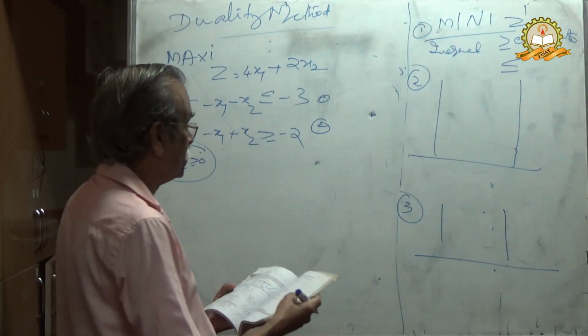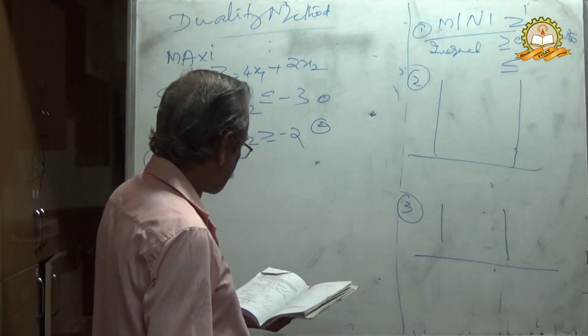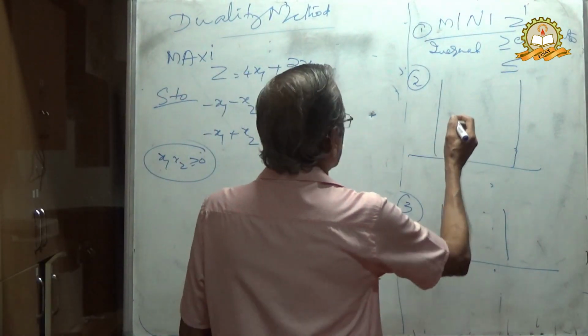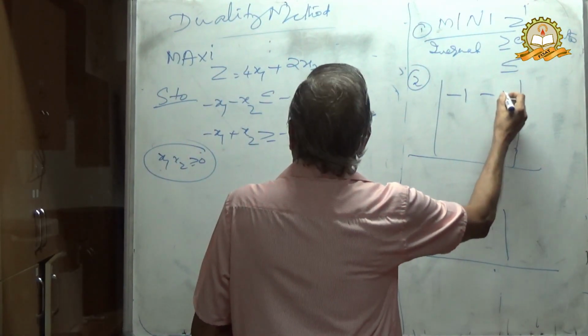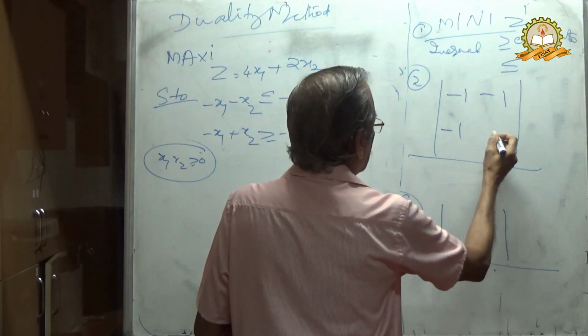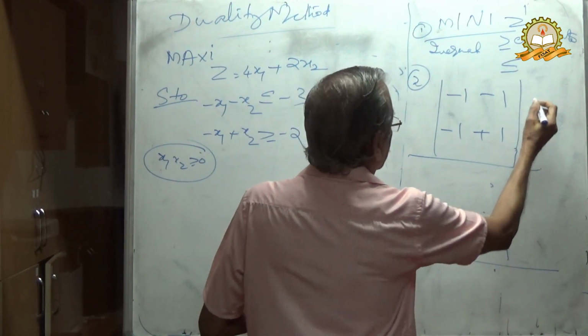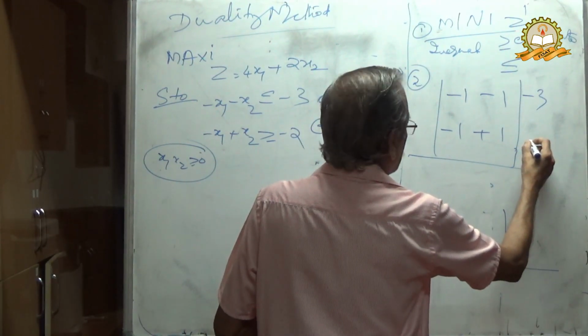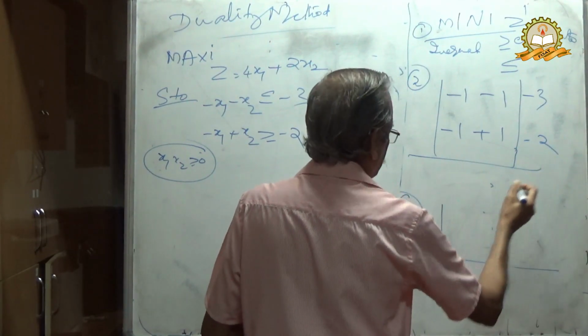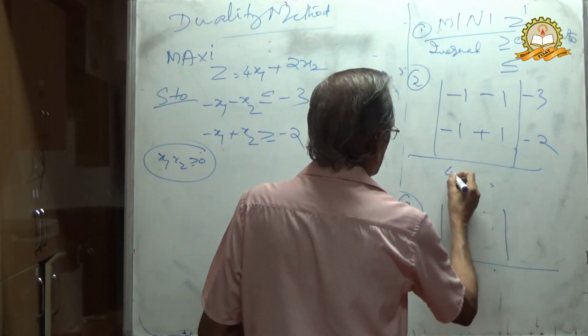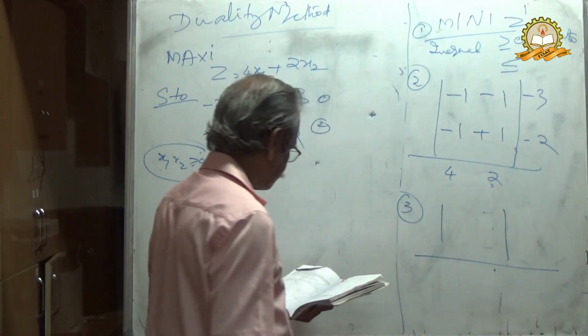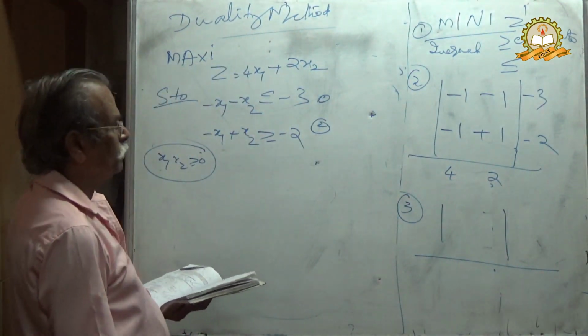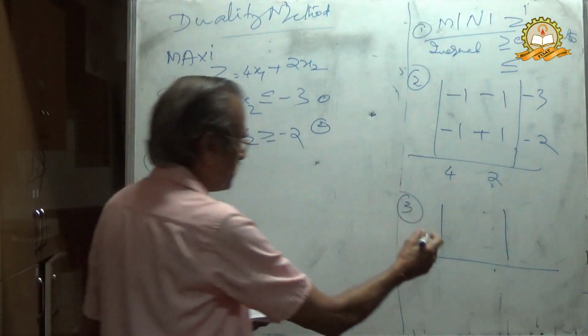Then draw the matrix. You have given value is minus 1, minus 1, minus 1, plus 1. And you have minus 3, you have minus 2, okay. And the function is 4, 2. Given value is written.